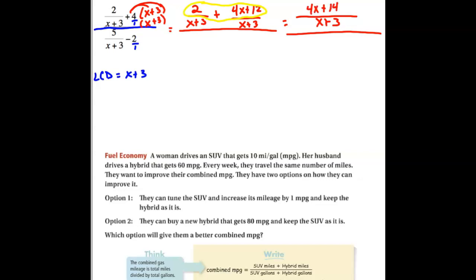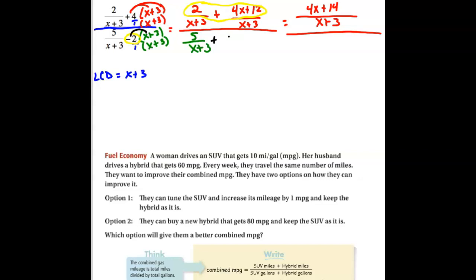Okay? We're going to do the same thing now on the bottom half. So my first fraction is fine. I have a 5 over x plus 3. My second fraction, though, I need to multiply by an x plus 3 to both the numerator and denominator. Be careful here. Notice this is a minus 2, so we're going to go ahead and distribute that negative 2.